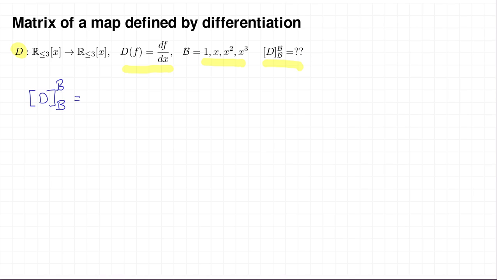So in general, the matrix should have the number of rows equal to the dimension of the codomain and the number of columns equal to the number of basis elements for the domain. So in this case, that's 4 by 4. So let's write that down. First of all, I'm going to draw the grid lines in so we can see clearly that this is a 4 by 4 matrix.